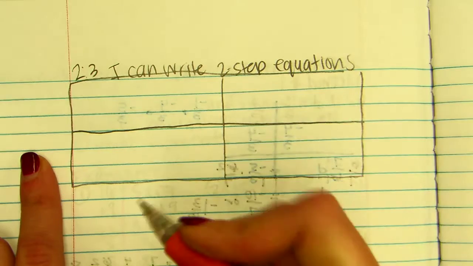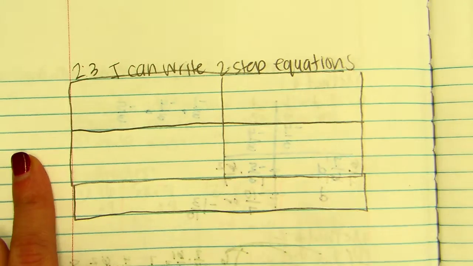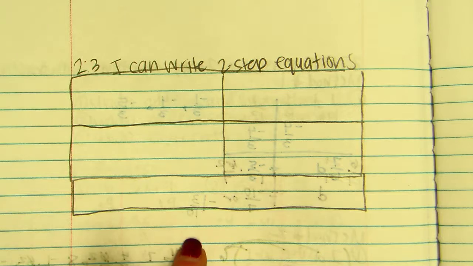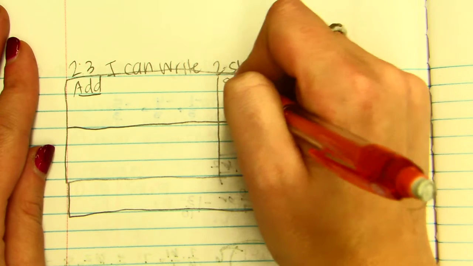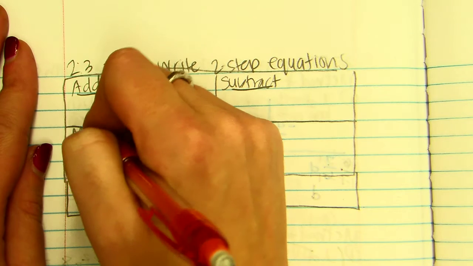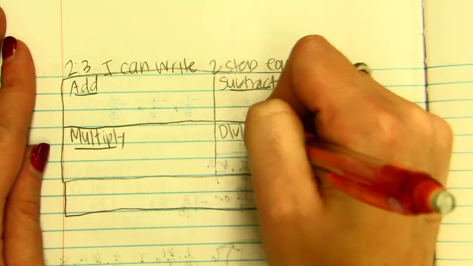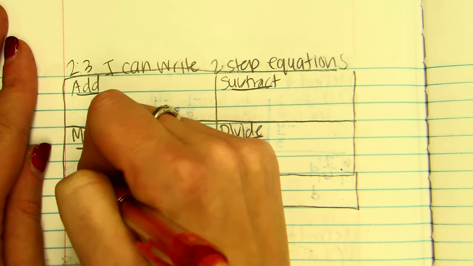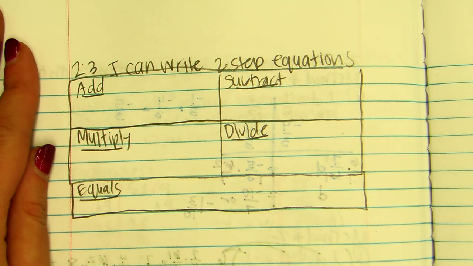So I made 1, 2, 3, 4, 5 boxes, and I'm going to put add, subtract, multiply, and divide. I'm going to put equals down here. We're just going to list some keywords that will tell us if we're adding, subtracting, multiplying, and dividing, or if we should put an equal sign.